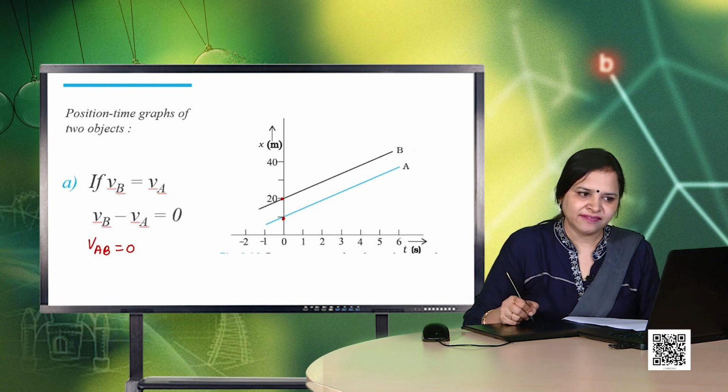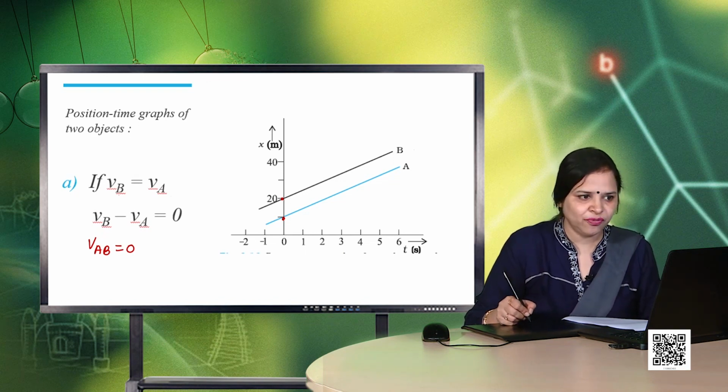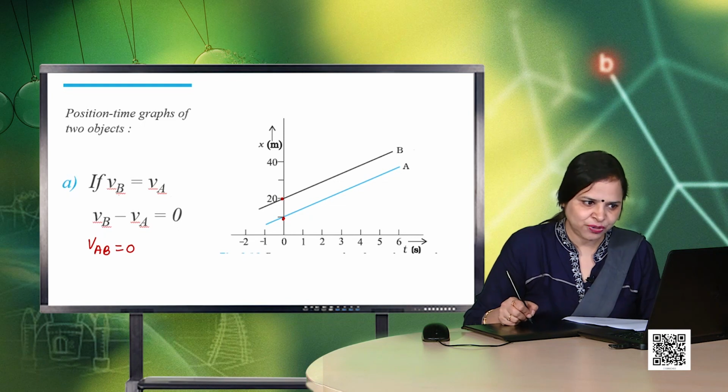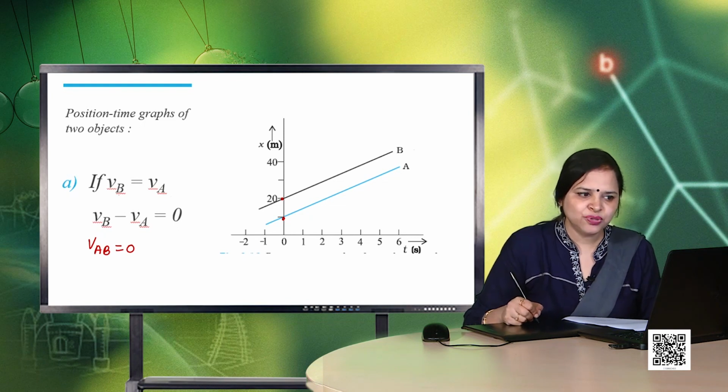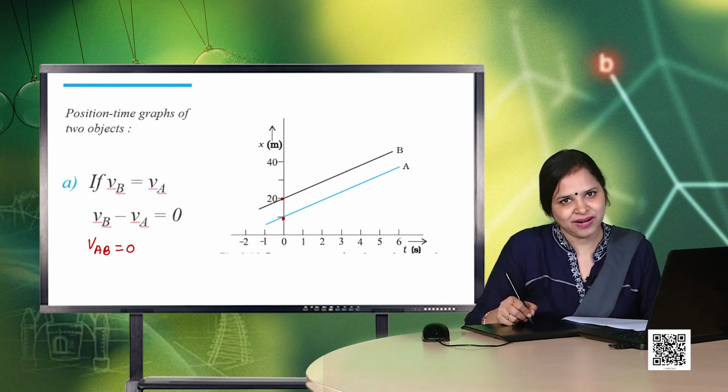Since the relative velocity is 0, that is only possible when the velocity is the same for both objects. So we get two lines parallel to each other, and that is how we plot a position-time graph for two objects moving with the same velocity.